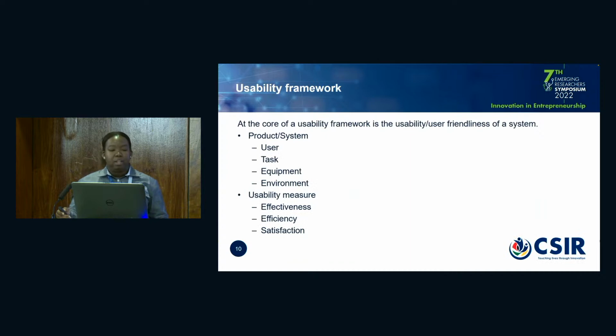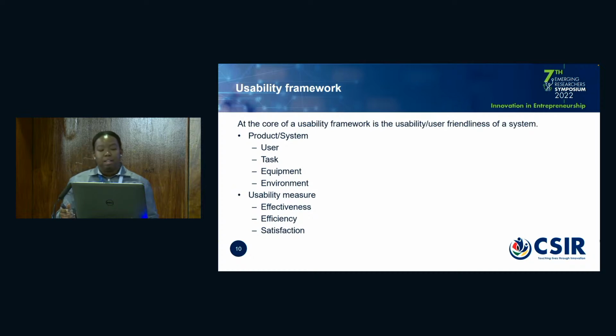So with usability, it has two spheres, which is the system and the usability measures. So when the designer is designing the system, they have to keep in mind the user, the task, the equipment, as well as the environment.